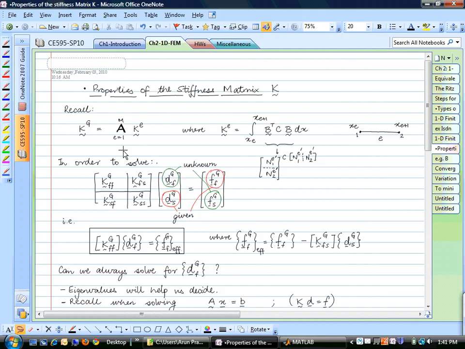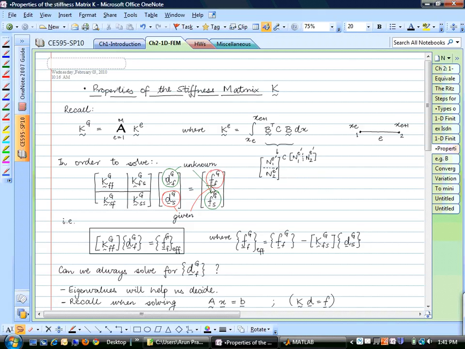All right. So yeah, we'll assemble the element stiffness matrices to form our global stiffness matrix. And this is the expression for the element stiffness matrix.